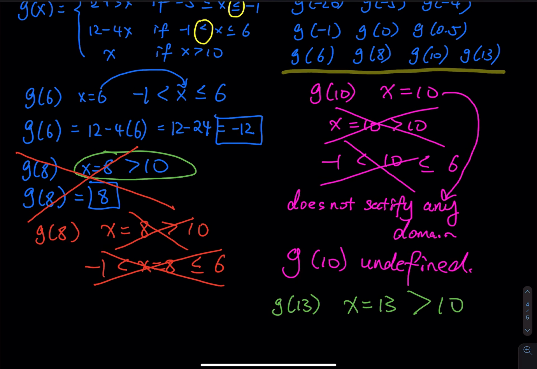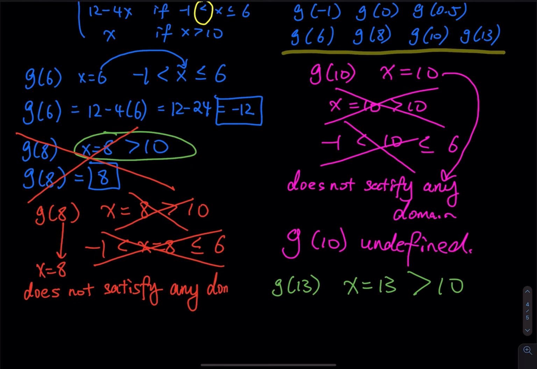That means when x equals 8, it doesn't satisfy any inequality. So x equals 8 does not satisfy any domain. Therefore, g of 8 is undefined.